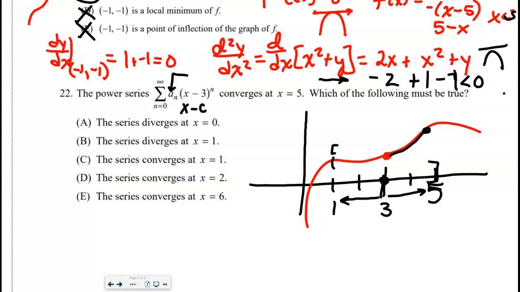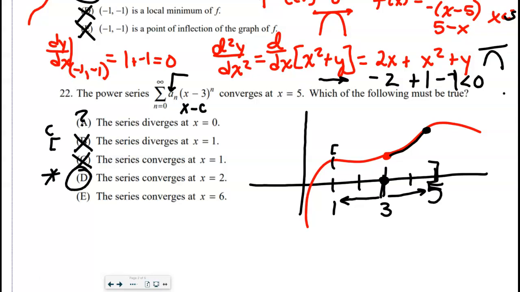So I'm searching for, do I know we diverge at 0? No clue. Do I know we diverge at 1? I only know that it's beefy or wimpy, and I have no way of testing it. Does the series converge at 1? Again, I don't know that. Does the series converge at 2?